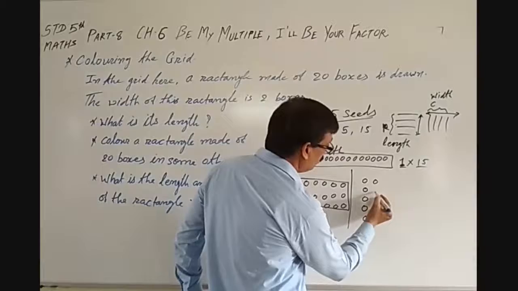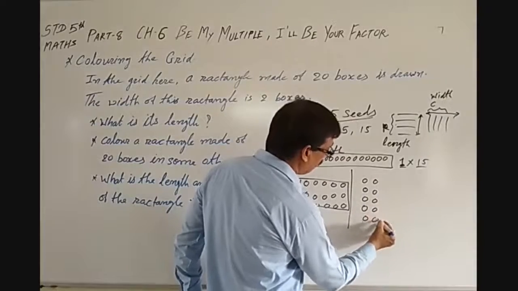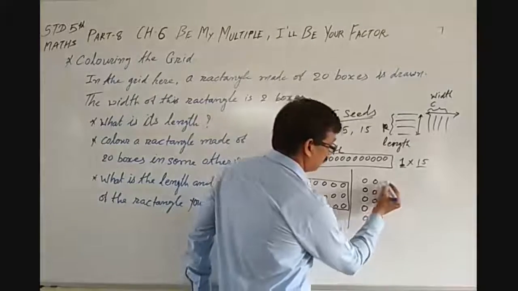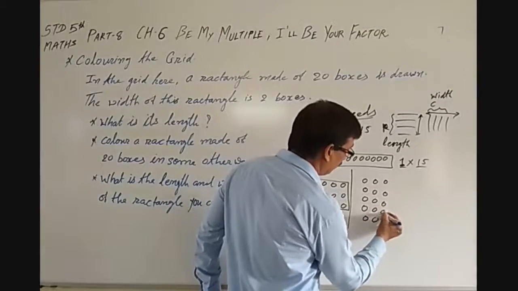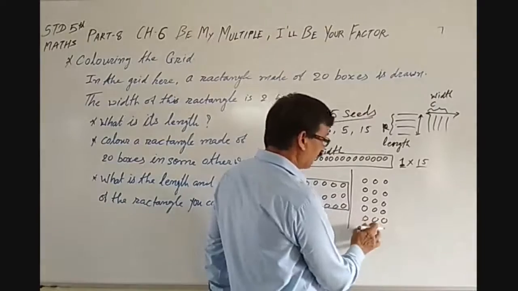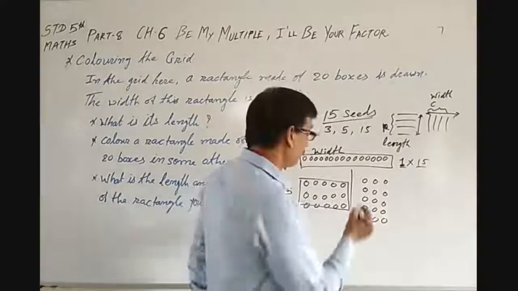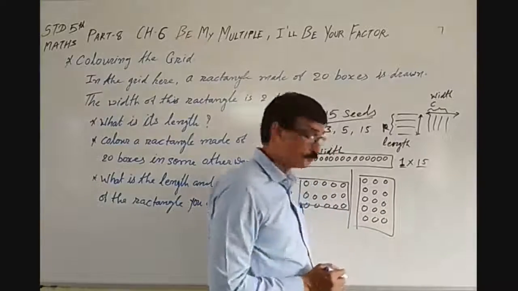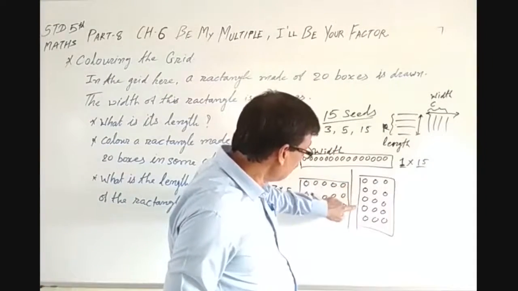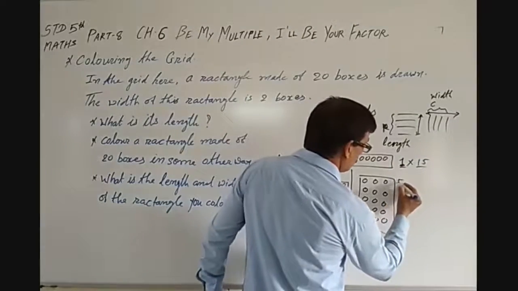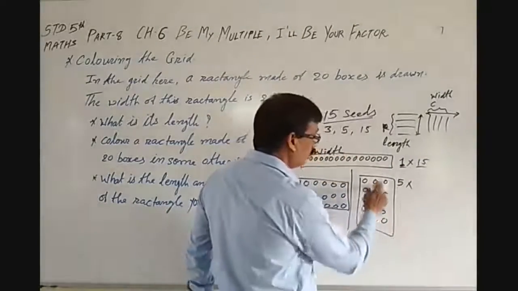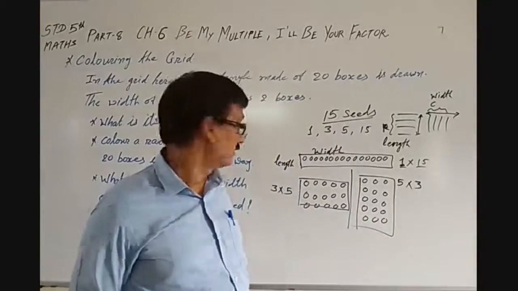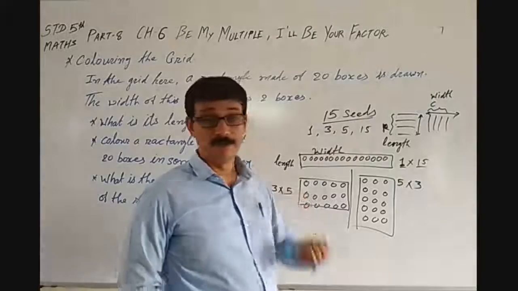So 1, 2, 3, 4, 5. 5 plus 5, 10. 1, 2, 3, 4, 5. 5 plus 5 plus 5, 15. So this is another rectangle. 5 rows, and 3 columns, isn't it?